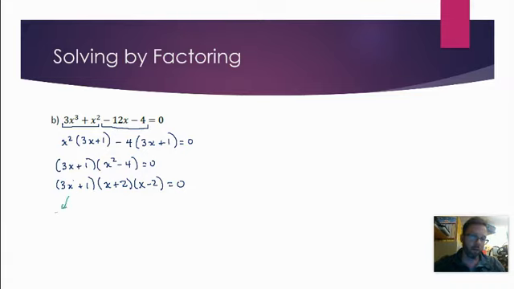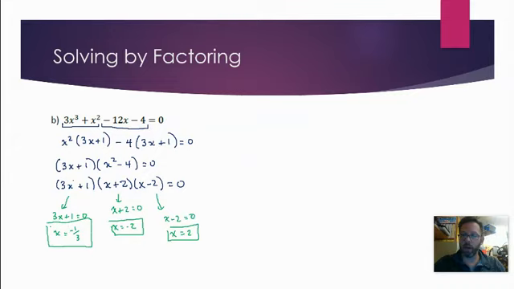So setting 3x plus 1 equal to 0, you would get negative 1 over 3 when you solve that mini equation. x plus 2 equals 0 gives a solution of minus 2. And x minus 2 equals 0 gives us a solution of positive 2.